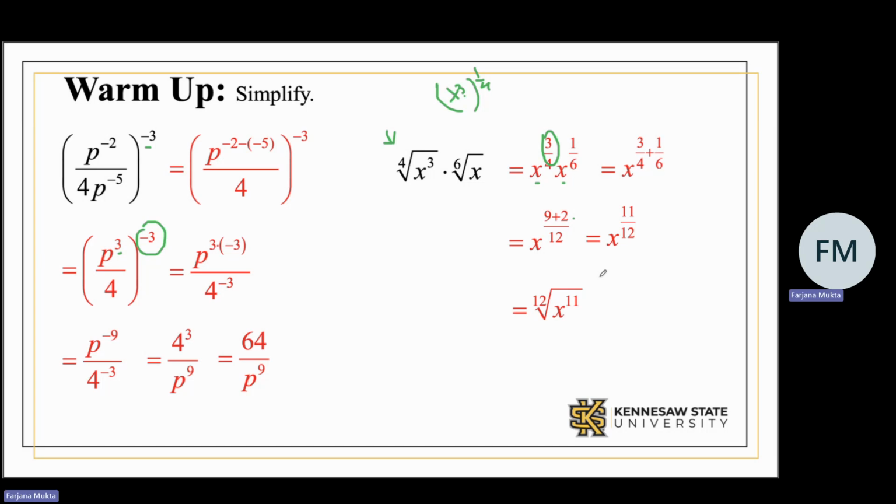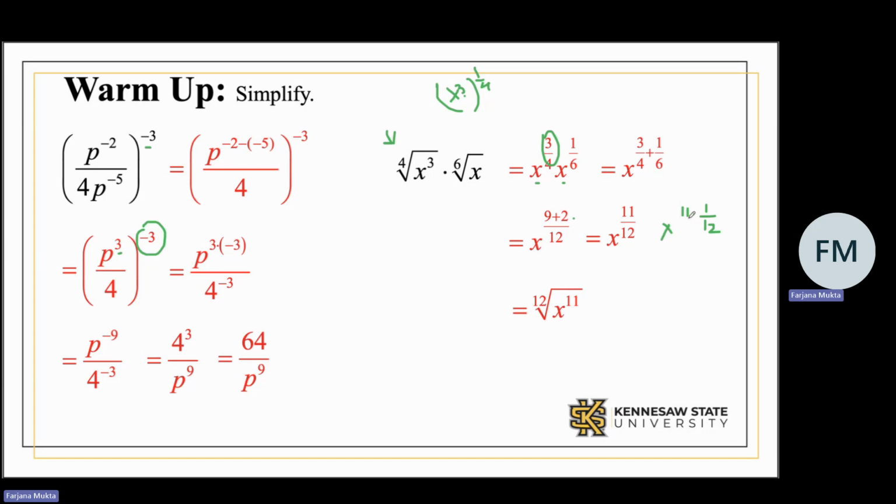Now, this x raised to 11 over 12 can also be written as x raised to 11 times 1 over 12, right? That means we'll apply either the exponent 11 first or the 1 over 12, both work.